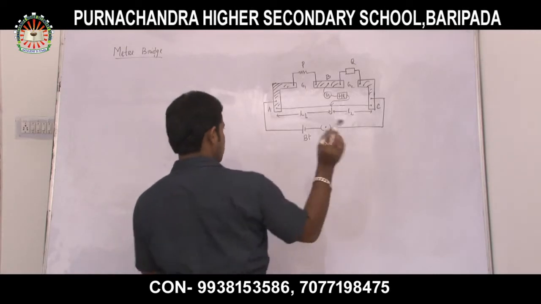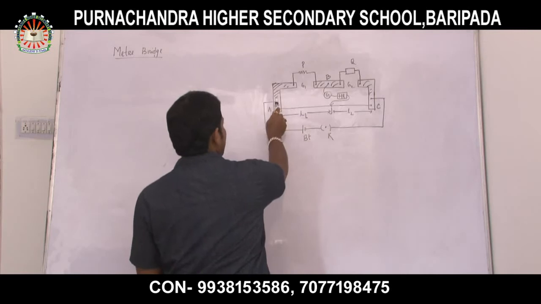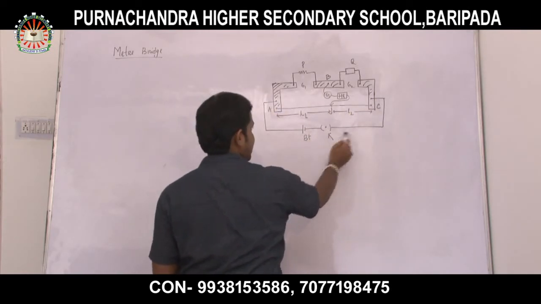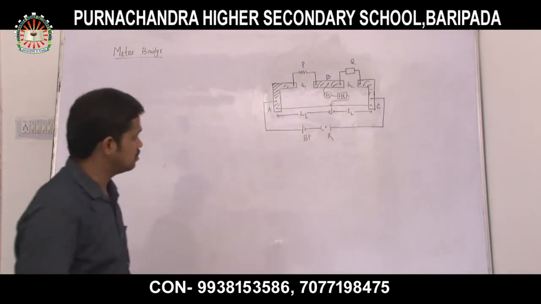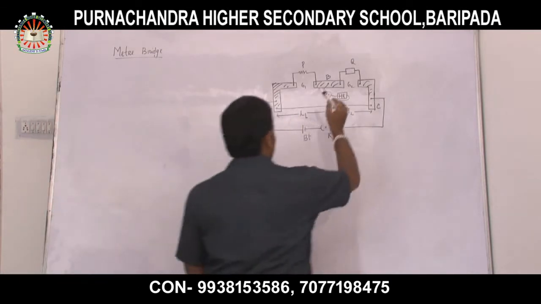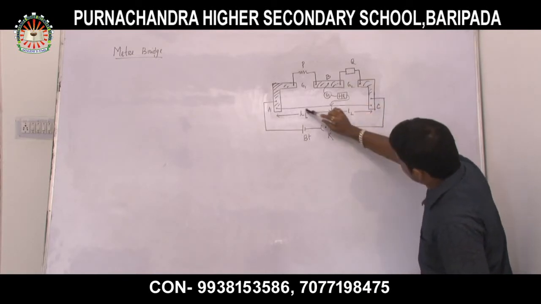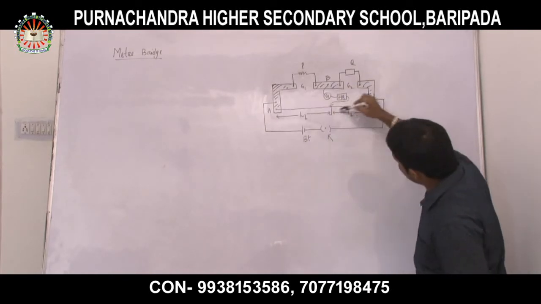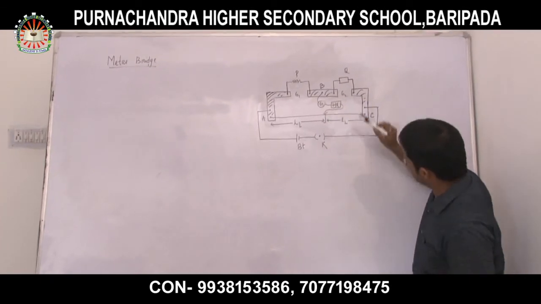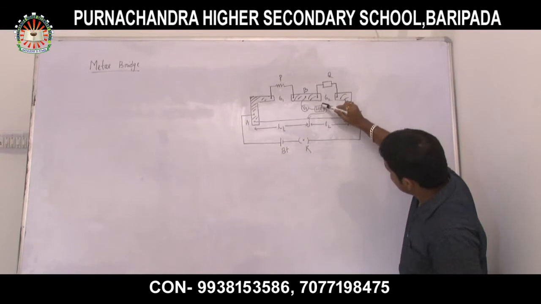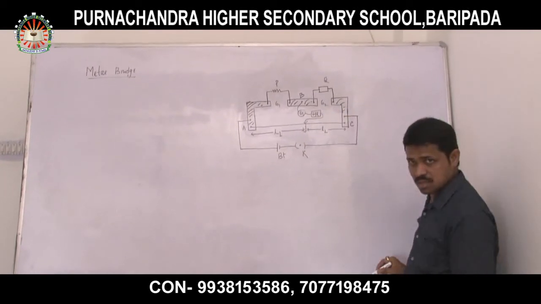Understood? Then look very carefully. These strips are connected with a battery and a key. Clear? Okay, and look at it. This strip is connected to the wire AC with a galvanometer G and a high resistance.